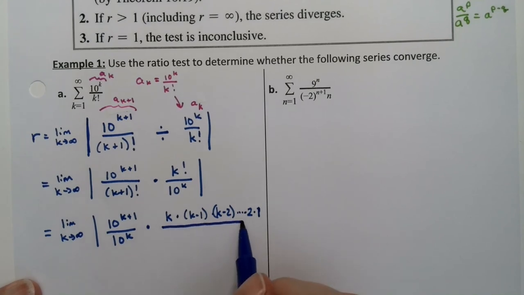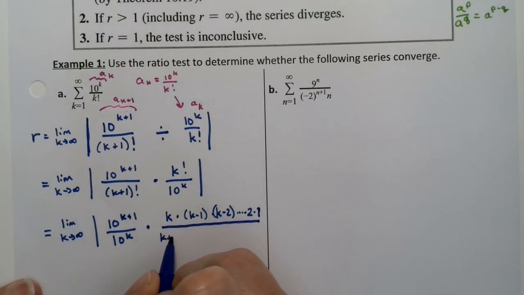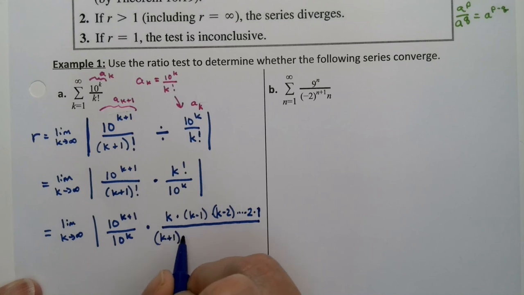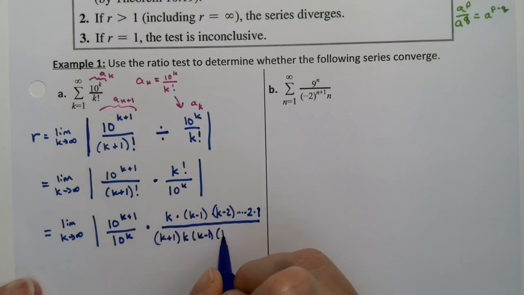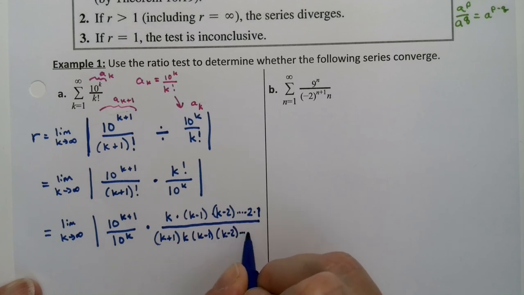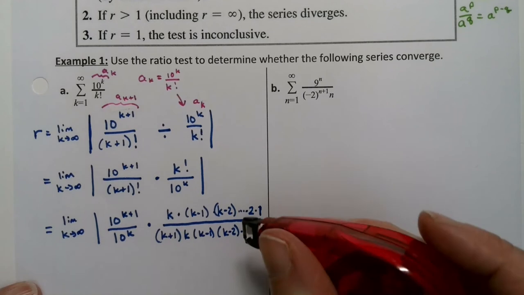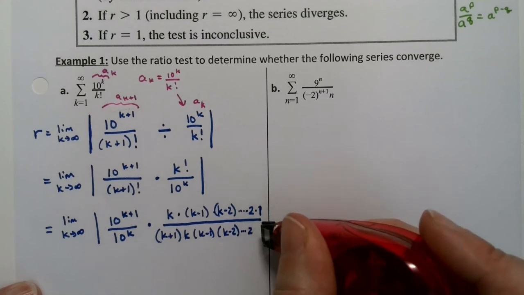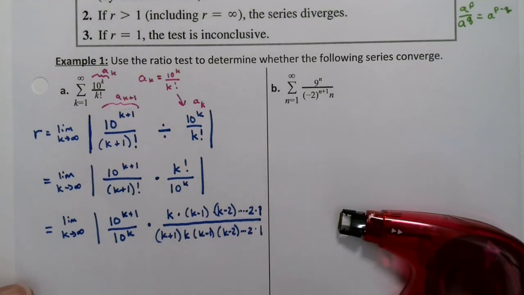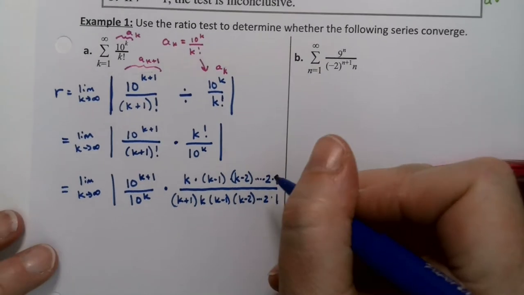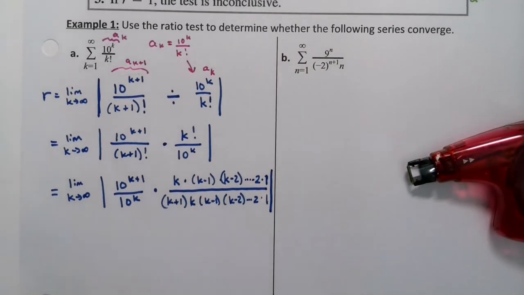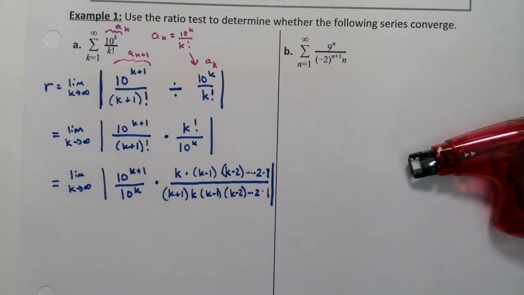K plus 1 factorial starts at k plus 1, then loses 1 and goes to k, then k minus 1, then k minus 2, all the way down to 3, then 2, then 1. You're multiplying all the way along. And then I have to close my absolute value sign in.